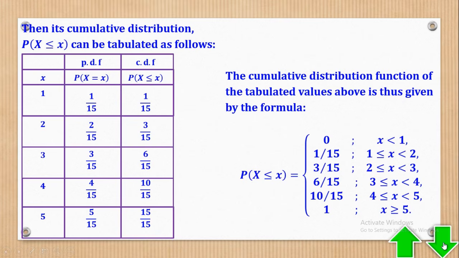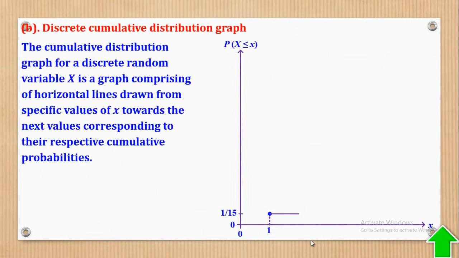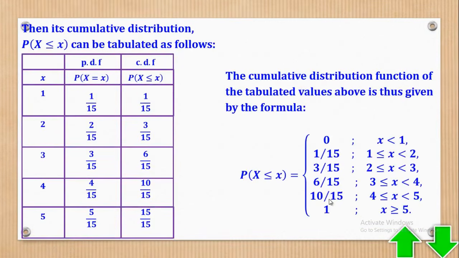So what does that mean? It means that when I come here at 3 over 15, it will jump to this. So you'll see that from 1 up towards 2, it was 1 over 15. When it reached 2, it jumped to 3 over 15. Then also when it reaches 3, it is going to jump, for example to 6 over 15.